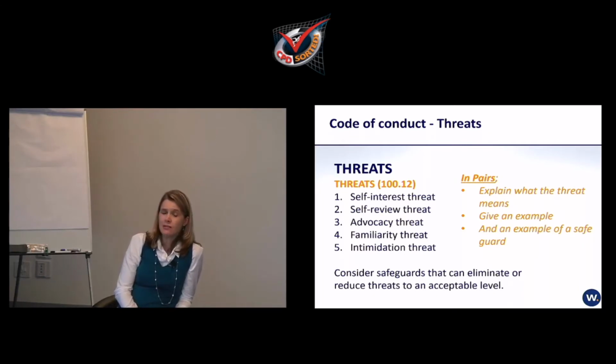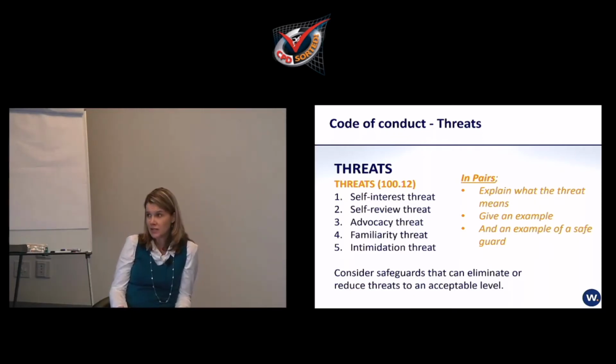So the self-review threat is like I prepare the tax computation and then I audit it, which then threatens again my objectivity because I think I did it right the first time. So what example do we have of this? Aziz, do you have your answer ready to go? Maybe guys just send them through and then as they come up I can trace them back.